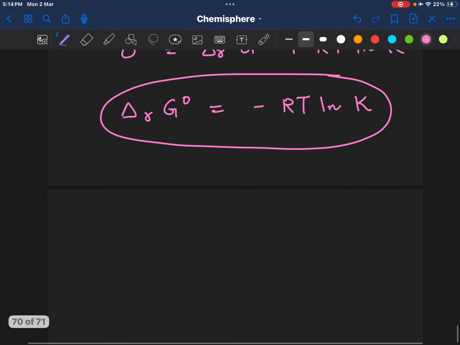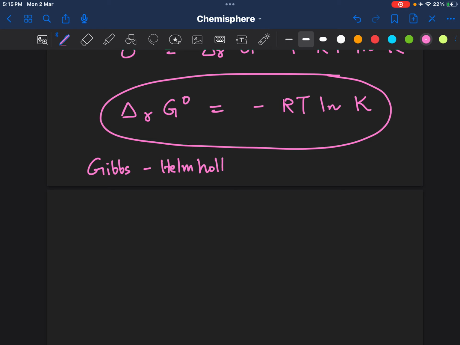To proceed further, I hope everyone knows the Gibbs-Helmholtz equation, which is delta R G naught is equal to delta R H naught minus T delta R S naught.